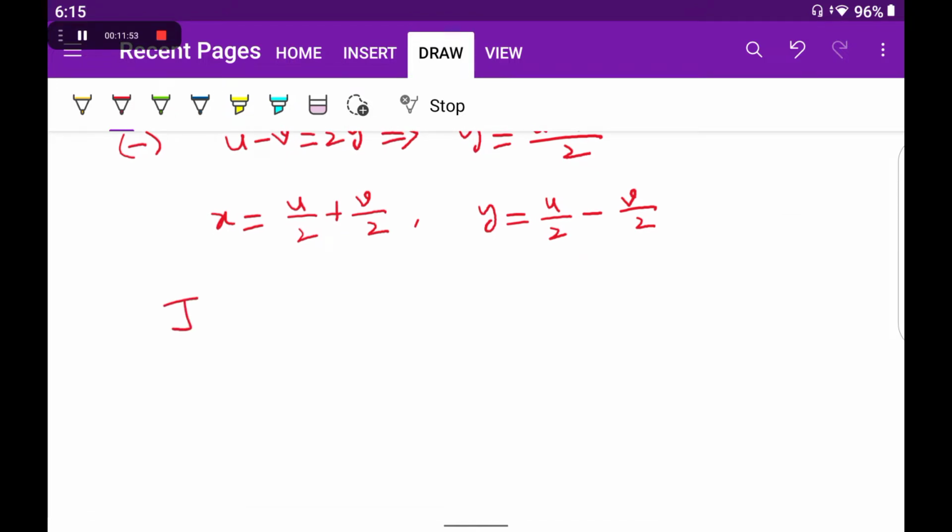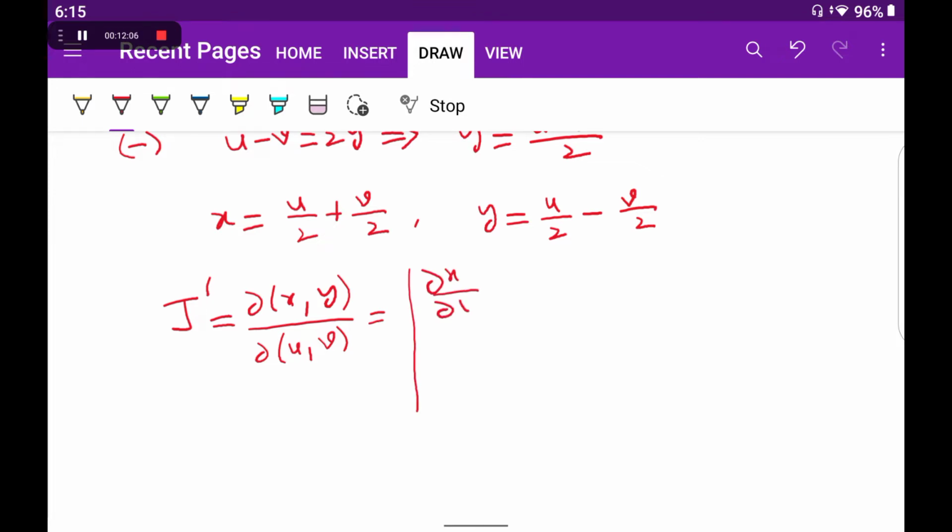Now you can find J dash. J dash is dou(x,y) by dou(u,v). It is the determinant: first row is dou x by dou u, dou x by dou v; second row dou y by dou u, dou y by dou v.